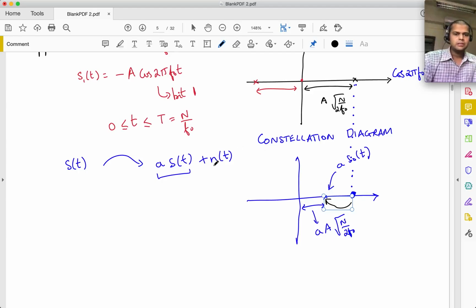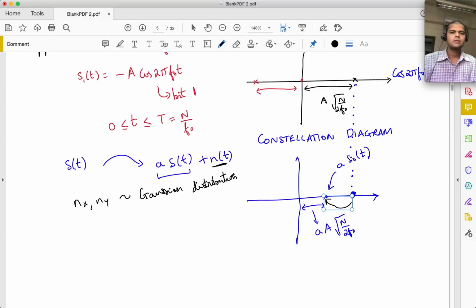And now there's another issue here. There's this noise which gets added, and we are just going to say that the components of the noise, Nx and Ny, are drawn from a Gaussian distribution. So what did we see here?